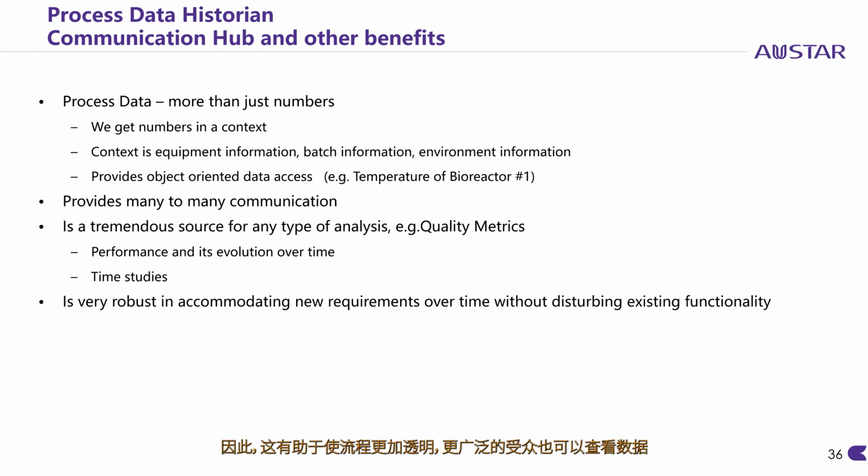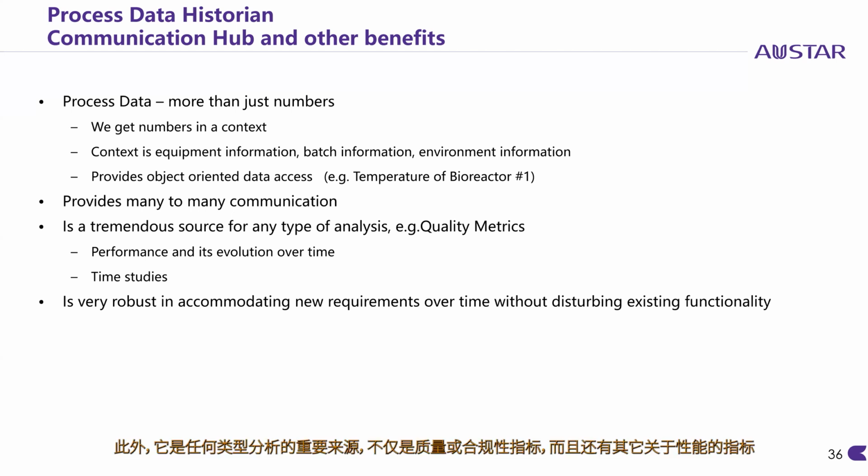Then another big point of the process data historian is to provide many-to-many communication. I will show that in a minute. And then in addition, it's a tremendous source for any type of analysis, not only for quality or compliance, but also other metrics about performance. You can compare performance of different batches, and you can do time studies.